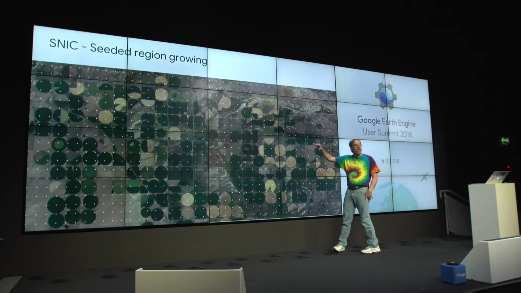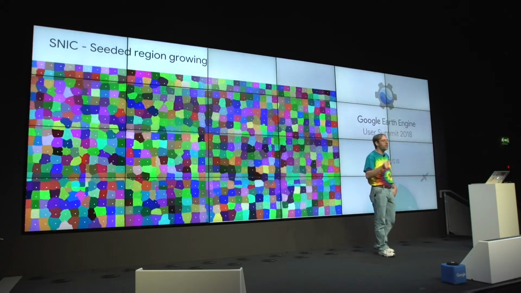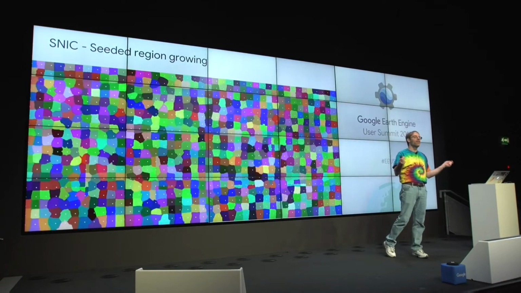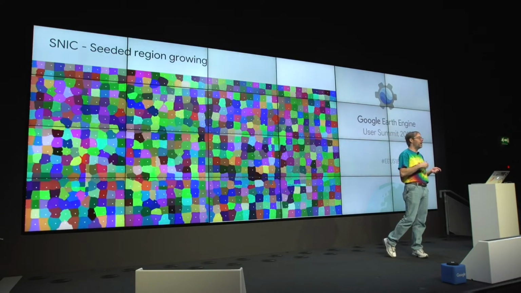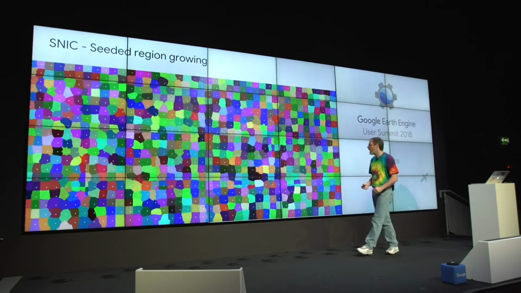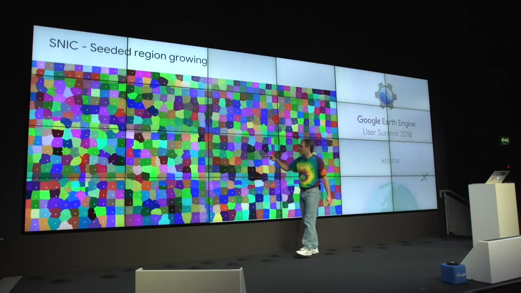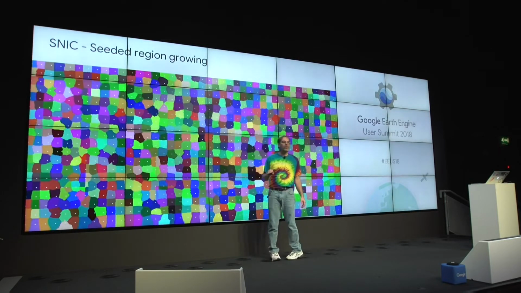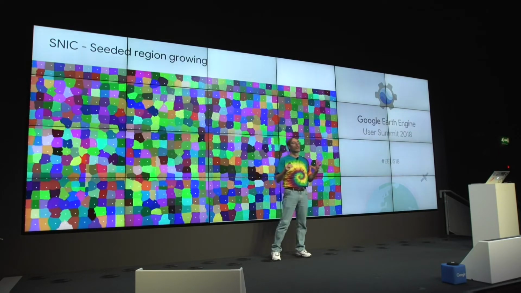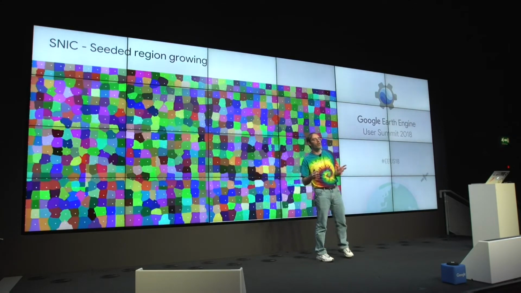If you don't do anything else, it will just give you a grid of pixels. It will grow from the center of each of those pixels, adding in the things with the minimum distance. So it adds the closest spectrally matching pixels first, and they grow out. And there is a parameter on the algorithm that lets you define how much influence the spatial component has.